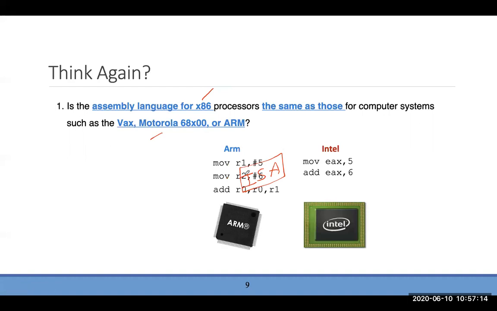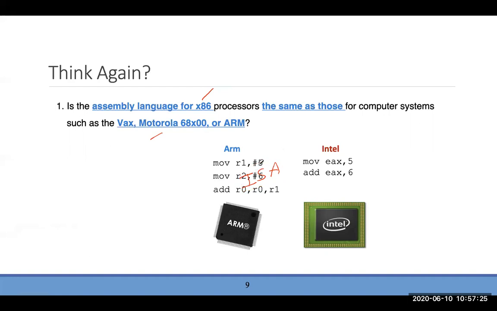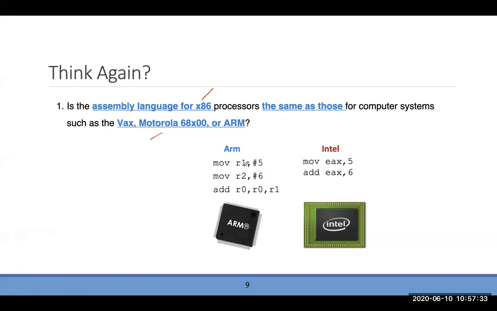So these are like the 2 programs. Let me erase this part. Back right here, this is the ARM assembly and this is the Intel assembly. So these are 2 different assembly languages, right?